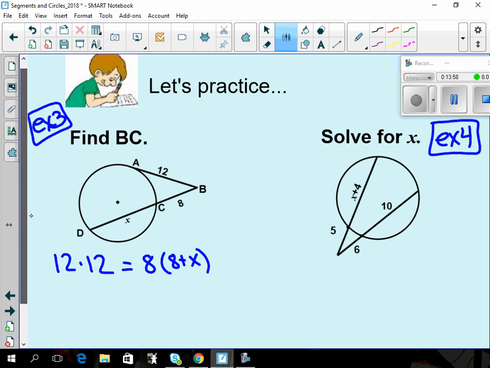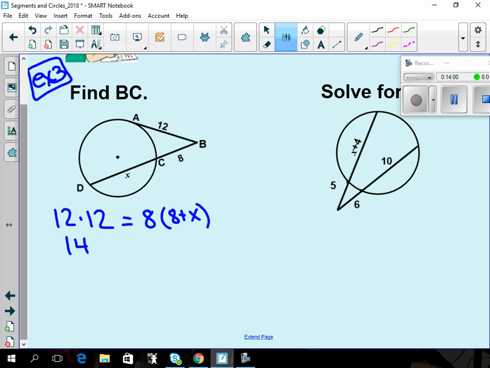So now it's just a matter of solving it. I have 144 is equal to. Got to distribute, right? Be careful. Very good. 64 plus 8x. I love it. And now it's a matter of just solving. How do I solve? Can't divide by 8 yet.